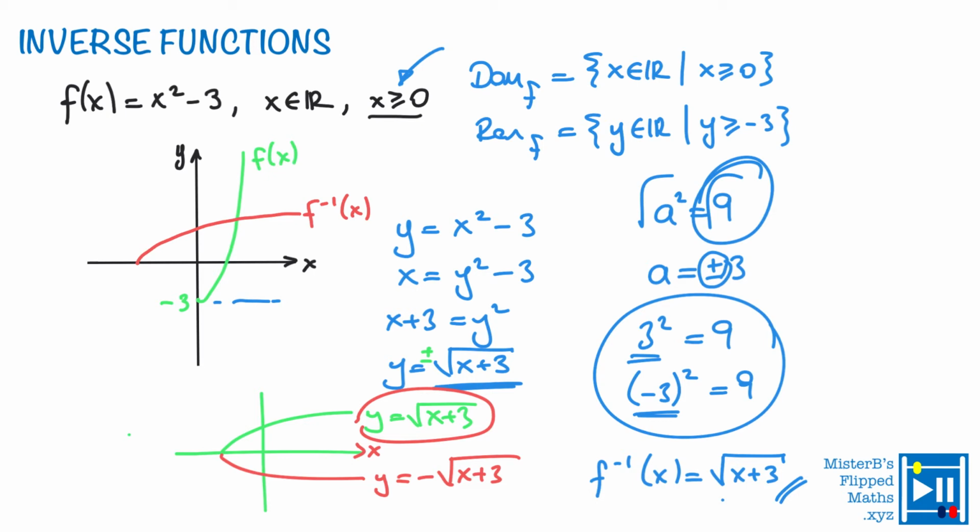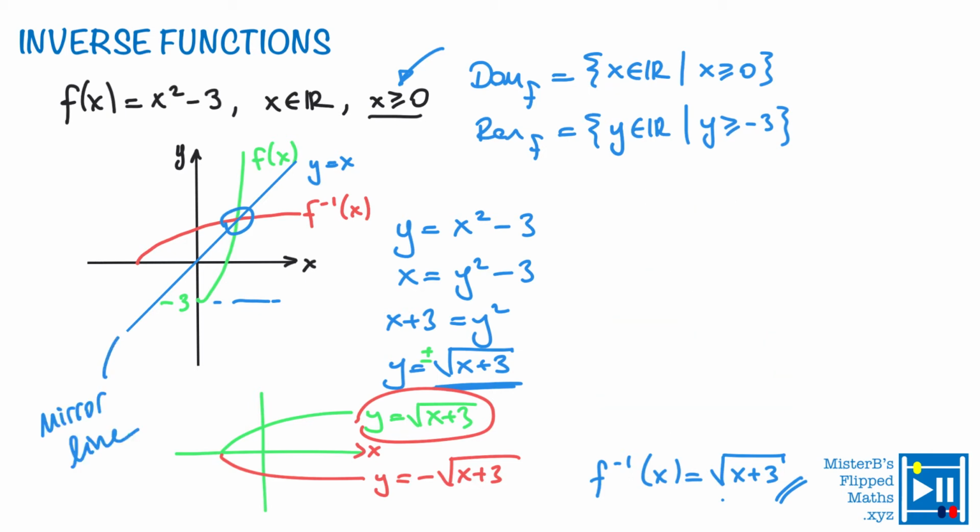And just because it's a sketch drawn by hand, you may not sense it, but actually these two graphs are the reflection of one another about the y equals x line. So this is the mirror line, and they intersect for this particular function. They intersect here. They are not always intersecting, but they intersect here. But they always reflect about the line y equals x. So this is the mirror line.